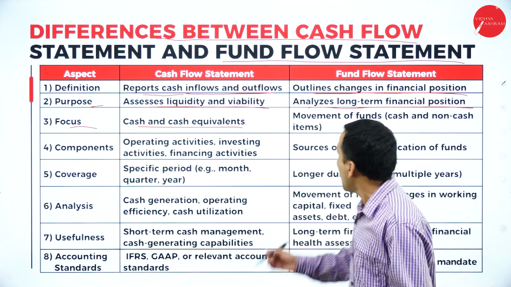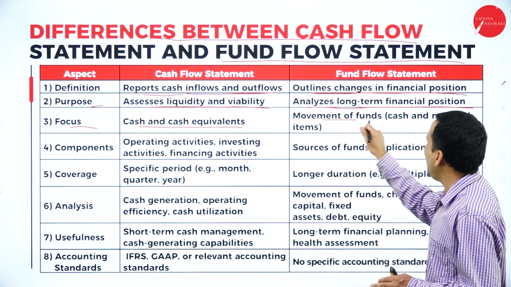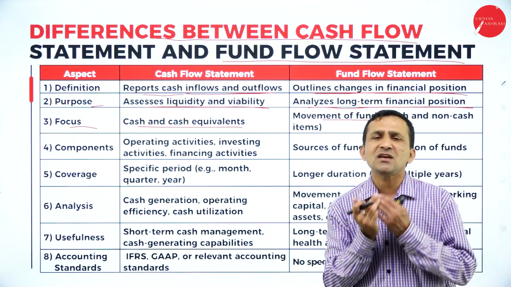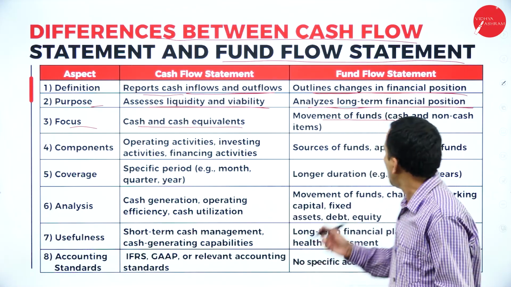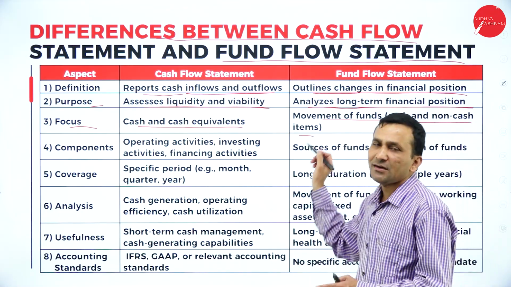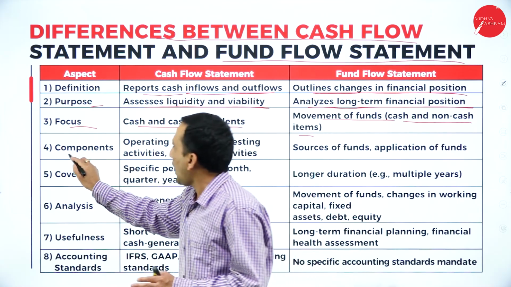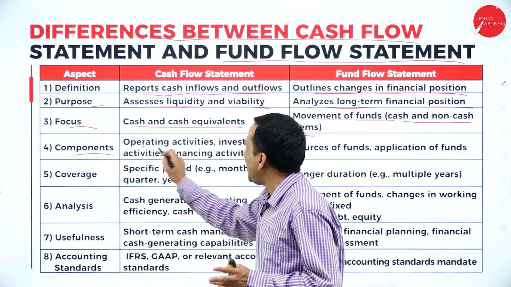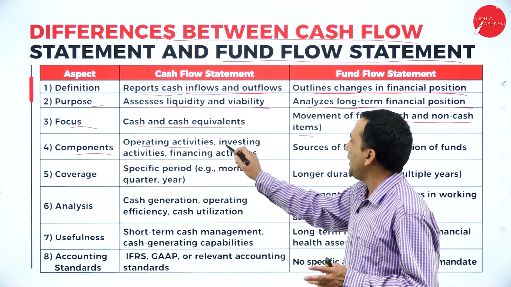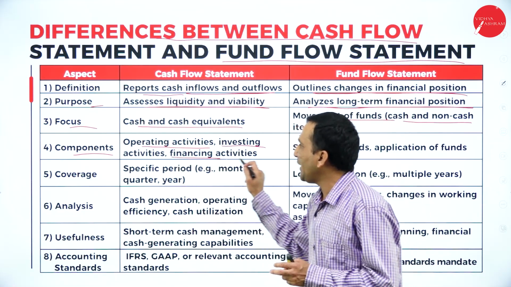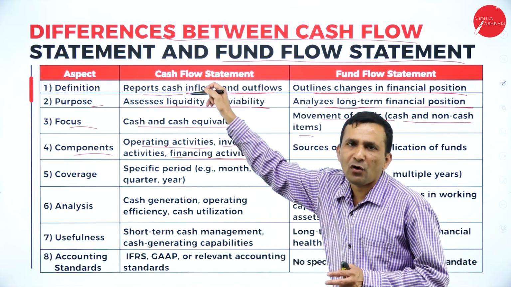But under fund flow, the movement of funds, either the source of funds or the application of funds. So cash and non-cash items are considered. And components: here operating activities, investment activity, financial activity are the main focus.